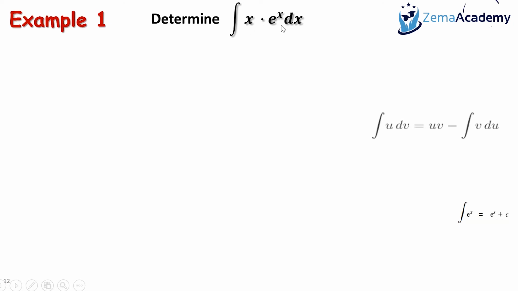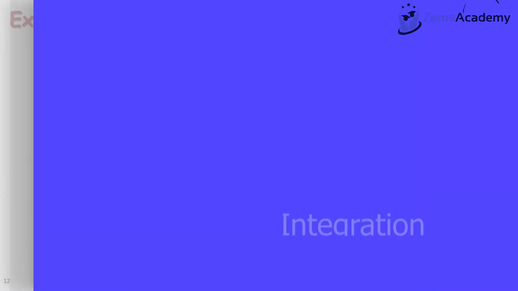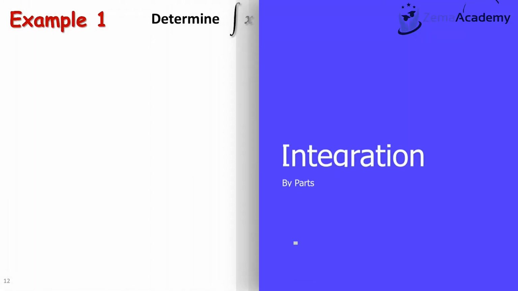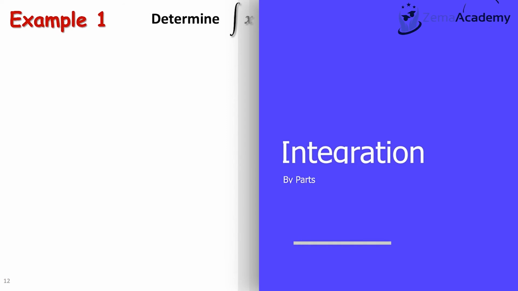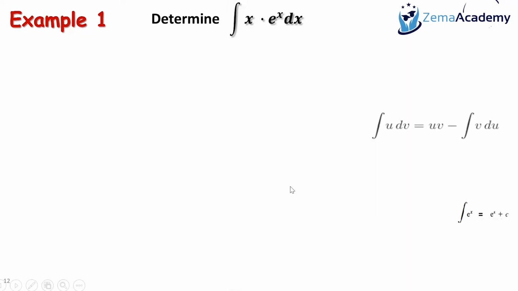One is x and the other is e to the power x. Now tell me which one you would like to make u and which one you would like to make dv. Anyone? Make x u. Good. And e to the power x dx is dv.